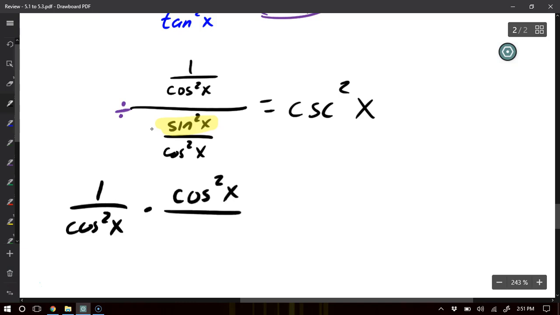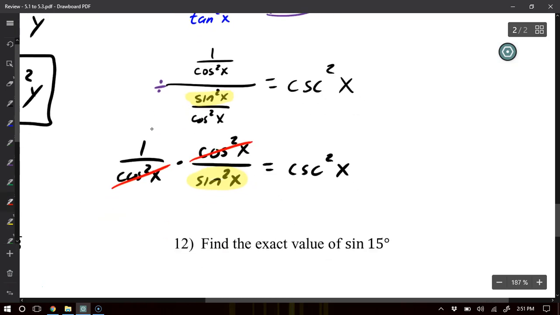So I get cosine squared of x over sine squared of x. And just like I said in the previous step, notice your sine squared of x is in the denominator, just like you wanted. And it's all multiplication, which now I can cross out common factors. So I have 1 over sine squared of x.